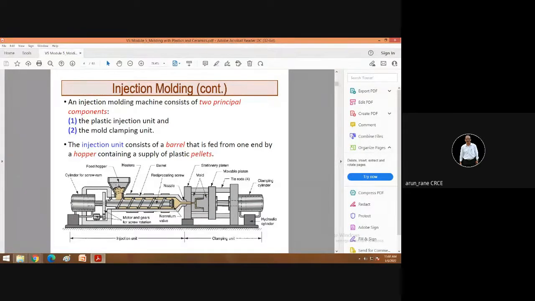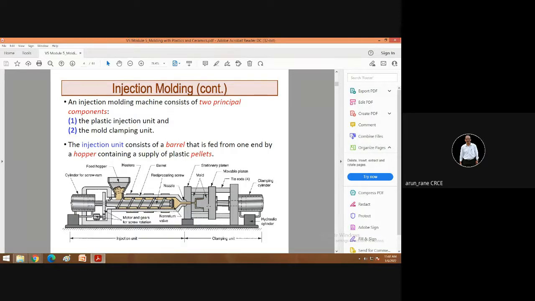This is your hopper in which plastic powder or granules are fed. There are heaters. This barrel is heated so that the plastic will be melted, and the screw is rotating for the circulation.